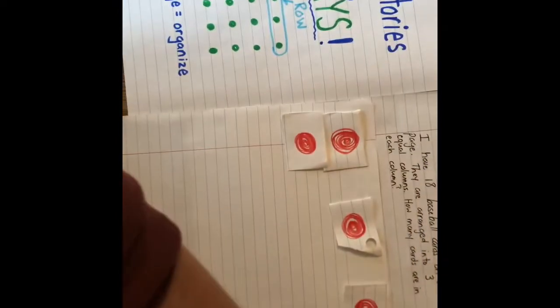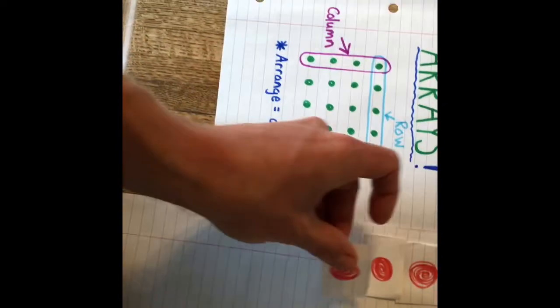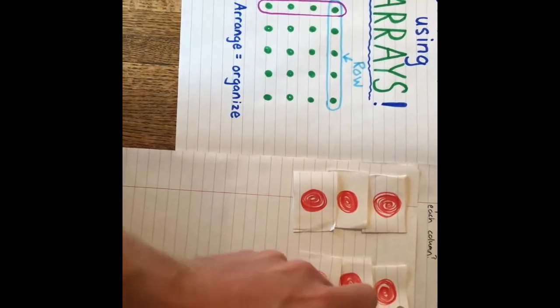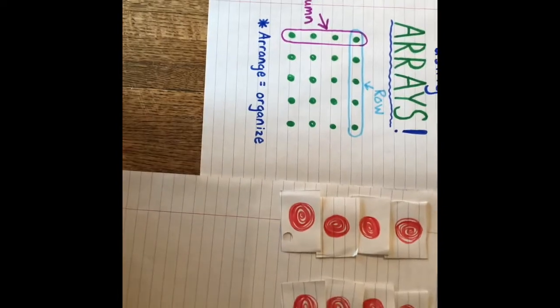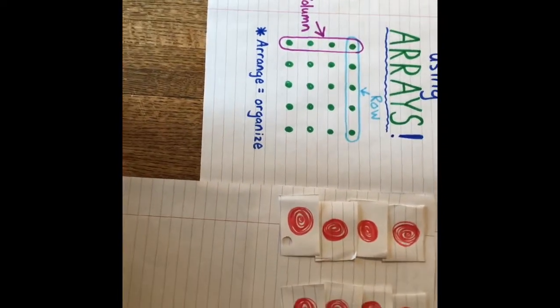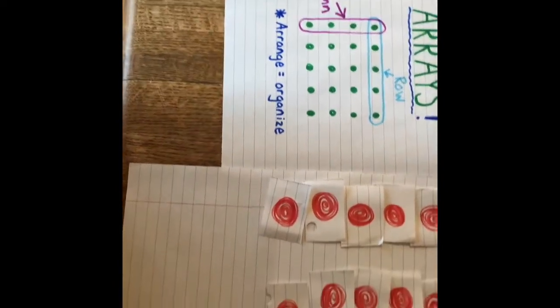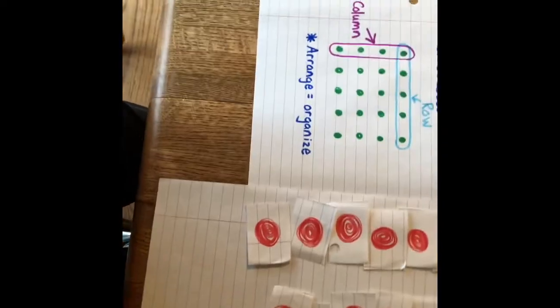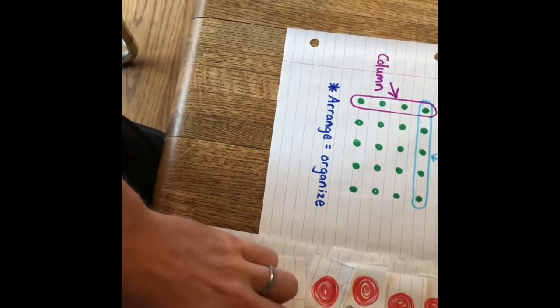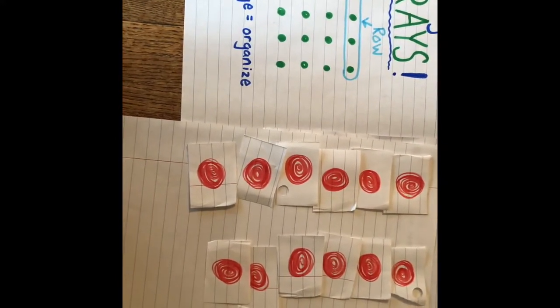So 4, 5, 6, adding to each column. 7, 8, 9, 10, 11, 12, 13, 14, 15, 16, 17, 18.